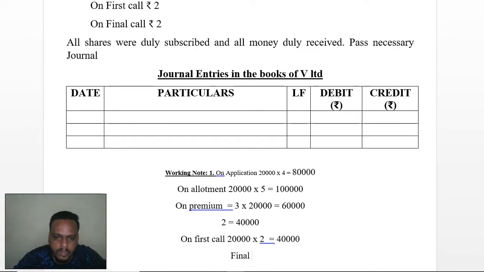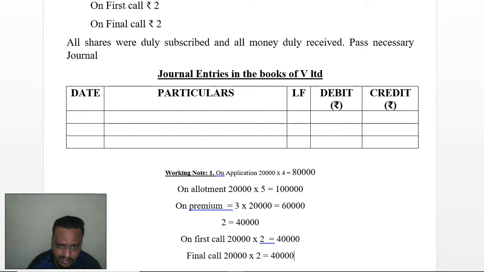Final call also will have the same: 20,000 into 2 is equal to 40,000. Here the first application has the same entries which have been mentioned earlier. In allotment a little bit of change will be there, and then first and final call will be the same. So let's begin with the entries one by one.